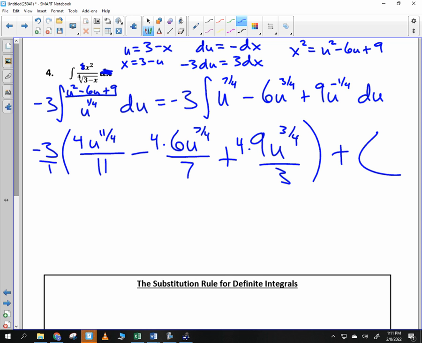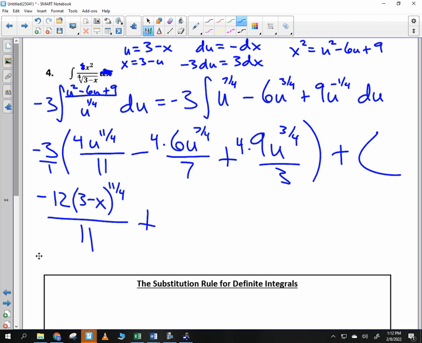So this is like a negative 3 over 1. So we have negative 3 times 4 is negative 12. And u is 3 minus x, all over 11. Got the first term done. Is it going to be minus or plus?